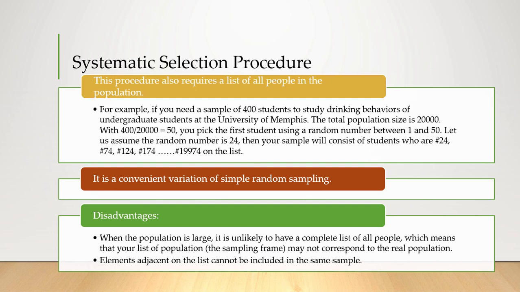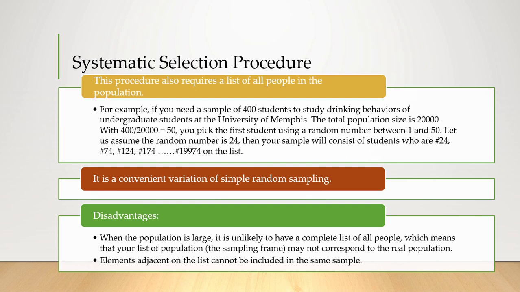For example, if I need a sample of 400 students to study drinking behaviors of undergraduate students at the University of Memphis, the total population size is 20,000. Knowing that 20,000 divided by 400 gives 50, I pick the first student using a random number between 1 and 50. Let's assume that the random number is 24.